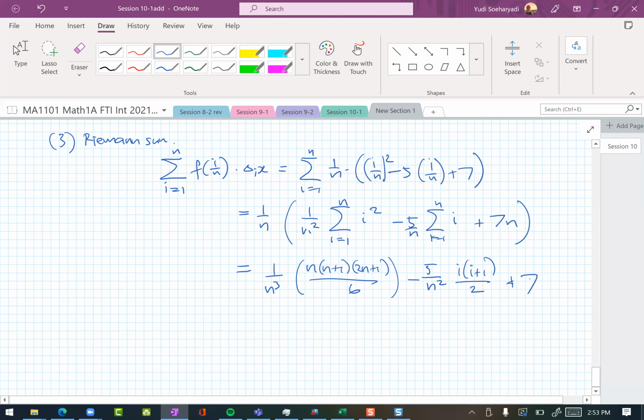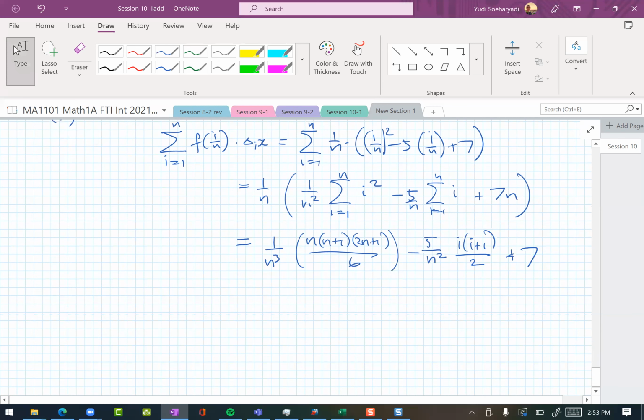So this is the Riemann sum. And then the last thing is to take the limit. Okay, so this limit here is the limit of the Riemann sum.